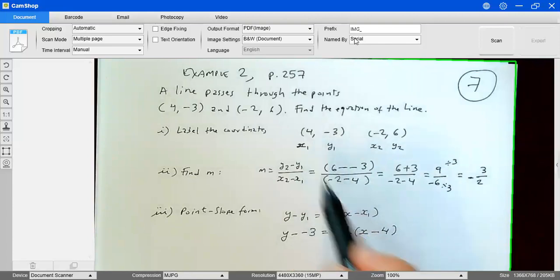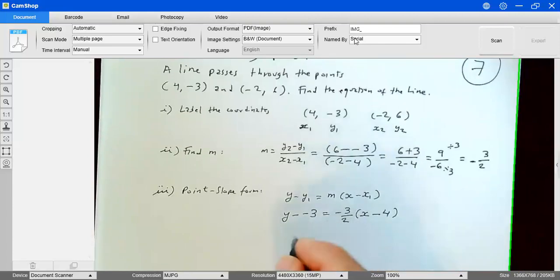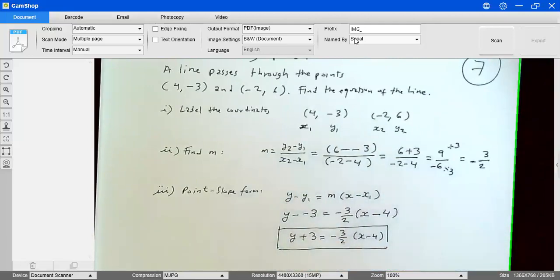So now we just simplify this. We're going to get y plus 3 equals negative 3 over 2 times x minus 4. And this is the point slope form.